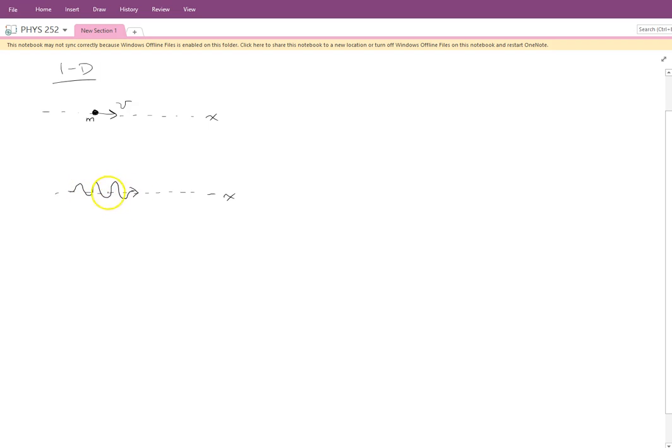So how do we actually describe this wave? Well, that's going to be described by the wave function. And conventionally, we use a capital psi. So this wave function is going to be a function of 2 variables, x and t.